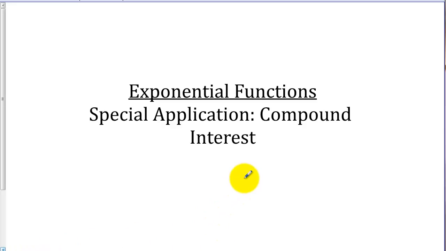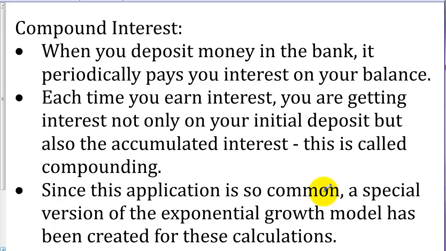And one type of growth we're going to look at is dealing with money. Now in banking terms, we use something called compound interest. When you see the word compound, what that means is that you put money into, say, an investment account or a bank account, and periodically they're paying you interest to hold your money for you.